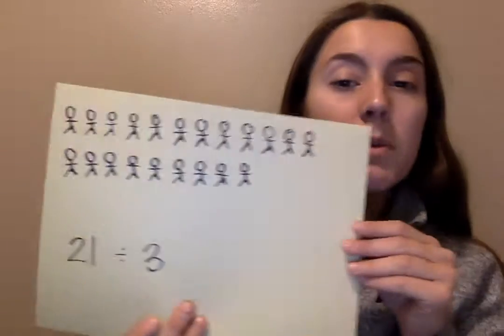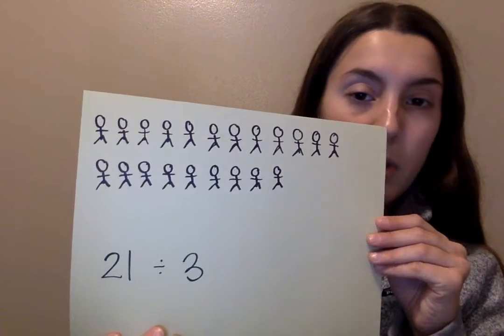Since there are 21 people and I know that 3 people go into each van, I'm going to draw a rectangle around 3 people to represent that that is 1 van. Like so. I'm going to keep doing this. 3 people to 1 van, 3 people to 1 van.